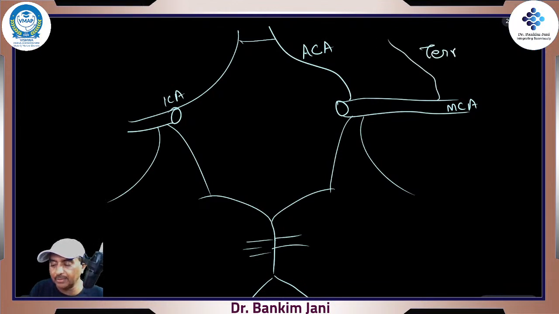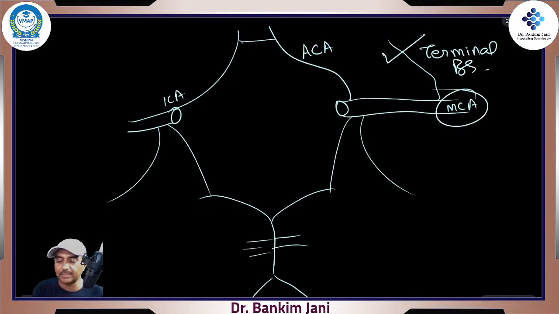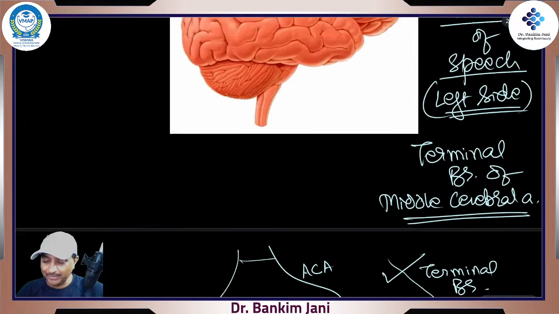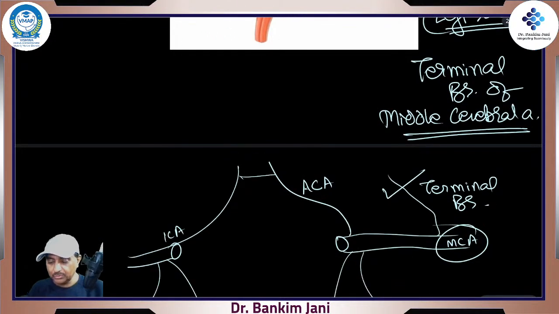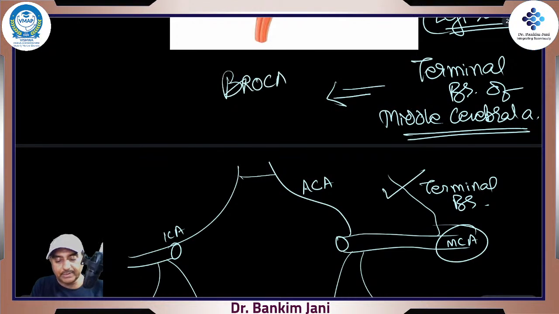The terminal branches of the middle cerebral artery, it is this artery which we are talking about. That is the artery which supplies Broca's area, which is meant for speech, right? So it supplies Broca's area, and it is for speech.